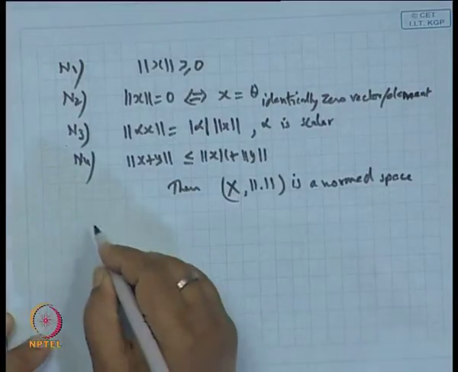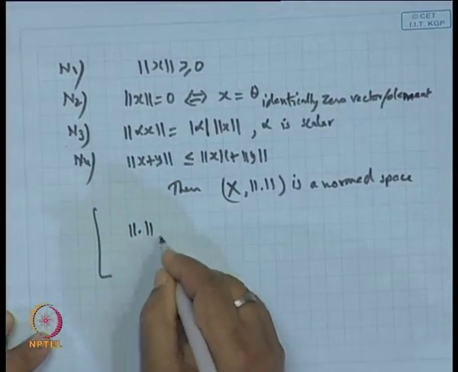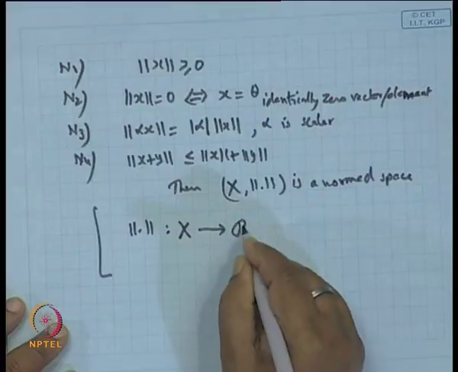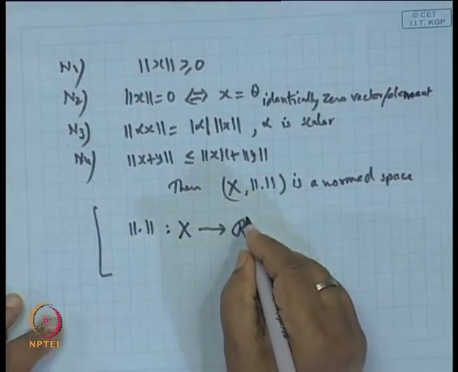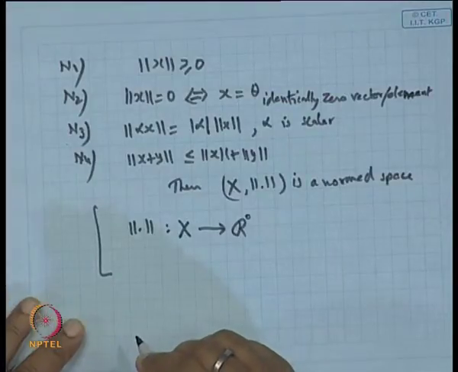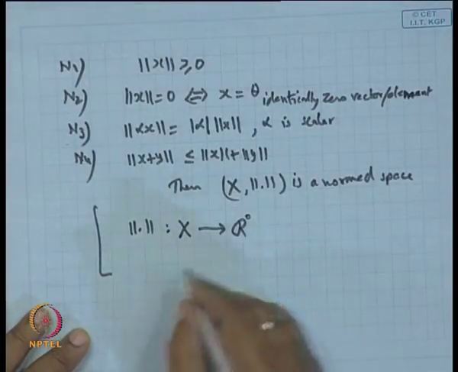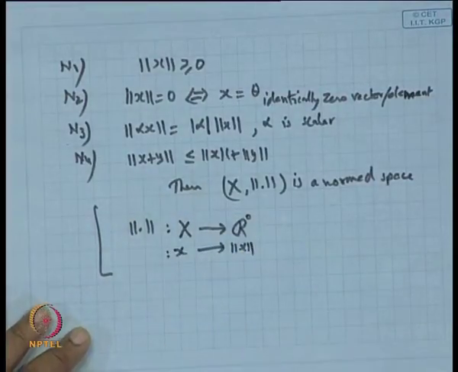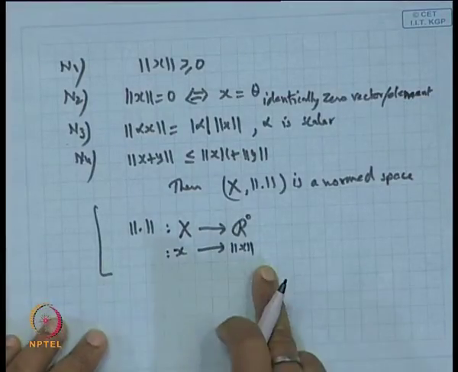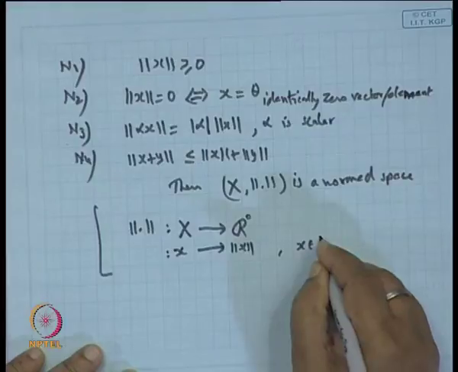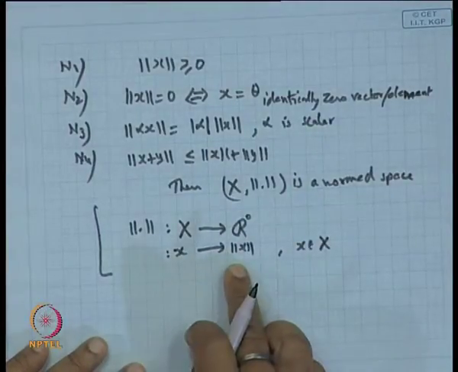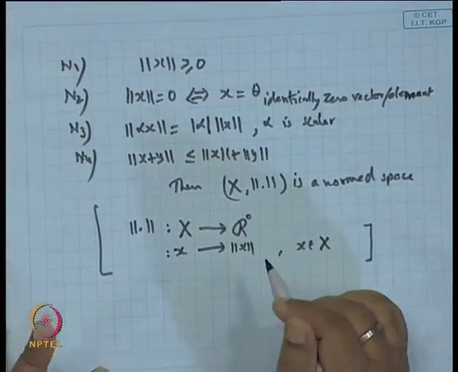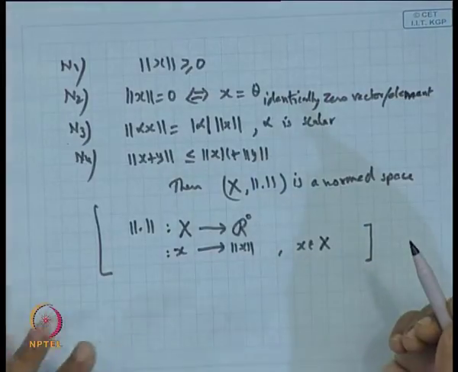Basically, what we are getting is that the norm is nothing but a function from a vector space X to R, you can say the non-negative real numbers, a real valued function, such that the image of x goes to norm of x, for any x belonging to X, and this norm satisfies these four properties. When this is satisfied, we say it is a norm, and the corresponding space is called the normed space.